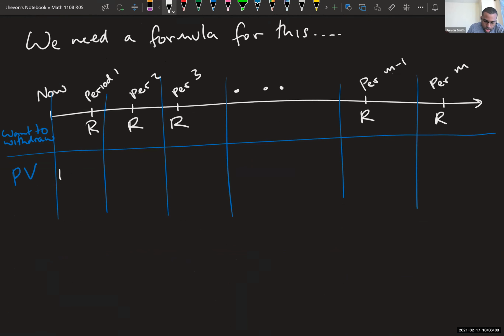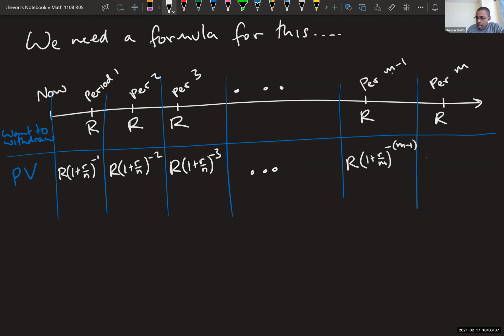It's the future value that I want, times 1 plus R over N to the minus 1. Similarly, in order to get R dollars 2 periods from now, it's that to the minus 2. In order to get R dollars 3 periods from now, it's that to the minus 3, and so on. In order to get R dollars M minus 1 periods from now, it's that to the minus (M minus 1). And in order to get R dollars M periods from now, that's to the minus M.